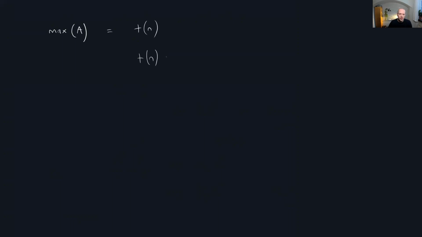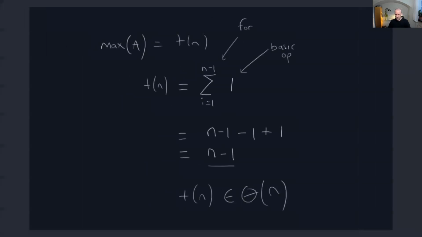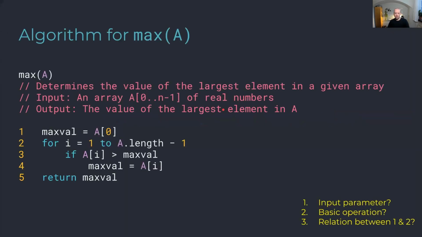To express this as a summation, we're going to have a summation to start with. We're only dealing with a single for loop, so basically this is going to summarize our for loop. Let's remind ourselves what that for loop was.